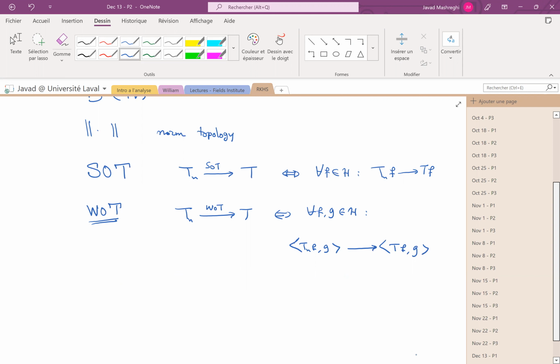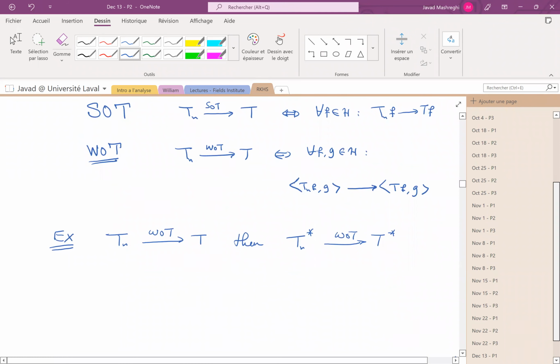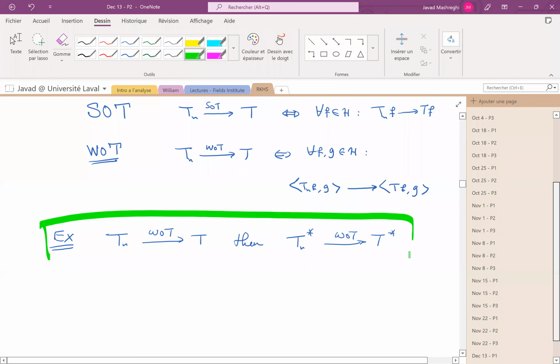The good thing about the weak operator topology, which I leave as an exercise for you, is that if T_n goes to T in the weak operator topology, then the adjoints do the same. Just take T_n to the other side. This is very simple to prove, and I will use it even in the theorem.